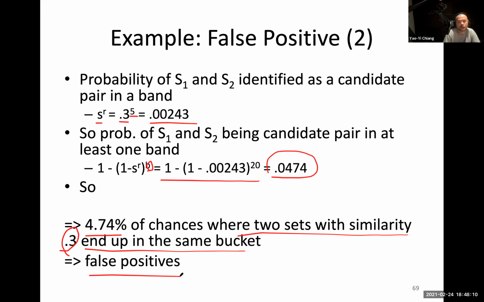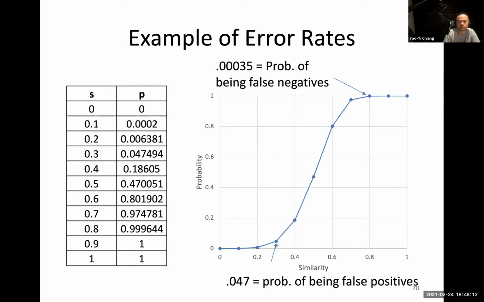If you look at the chart, the 0.047 is here. And remember, this is 0.3, right? This is how we calculate it. And this is your 0.0035, that's this tiny place here.